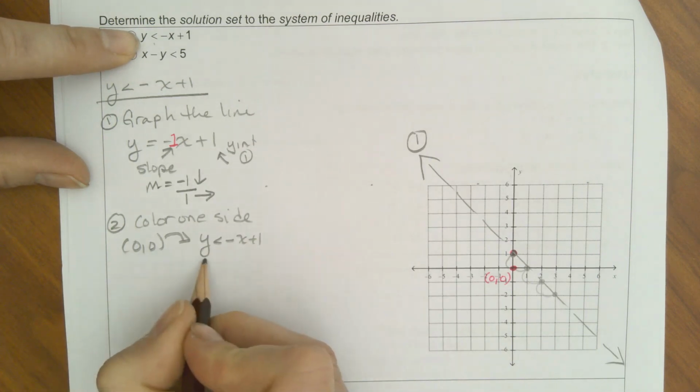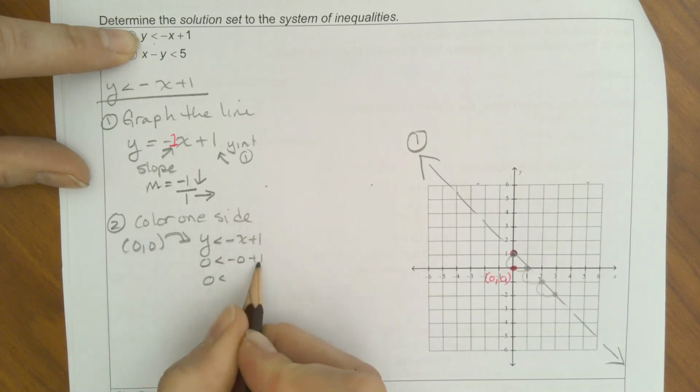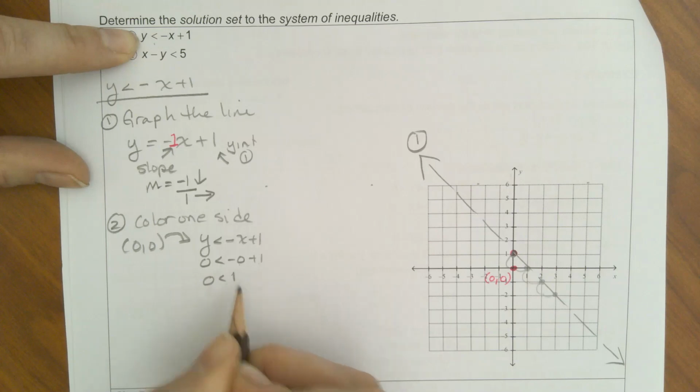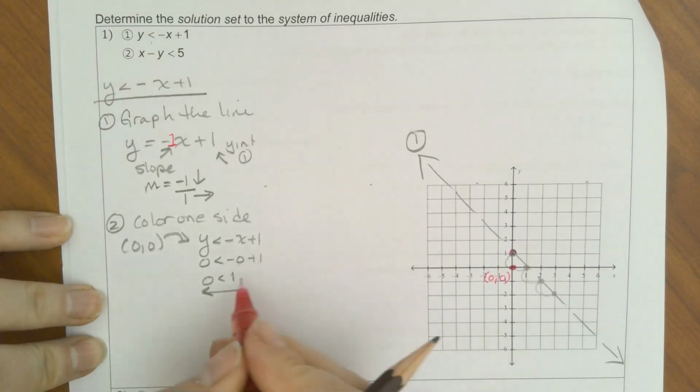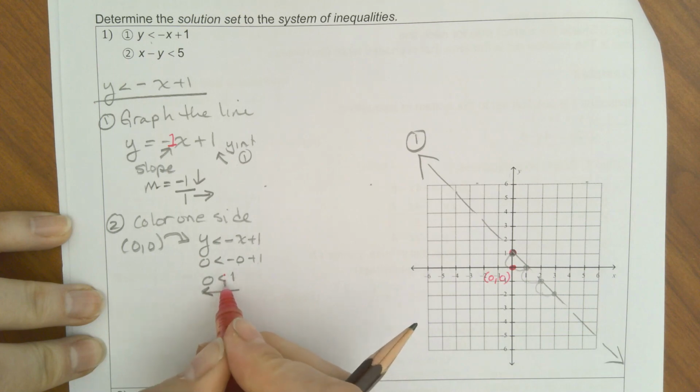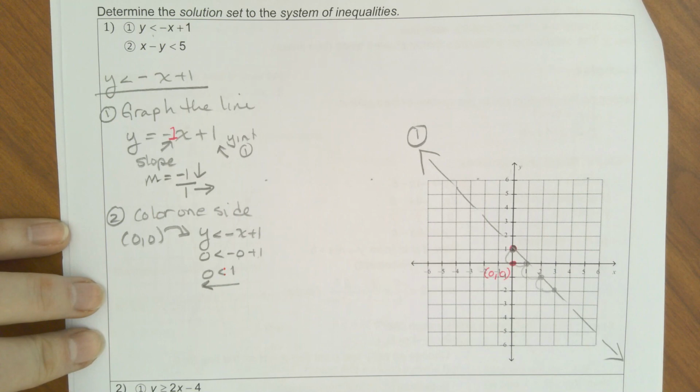So x is 0, y is 0. I have 1, but I lose nothing. I still have 1. Now I'm going to read it. It doesn't matter which way you read it. This says 1 is bigger than 0. Yeah, that's true.